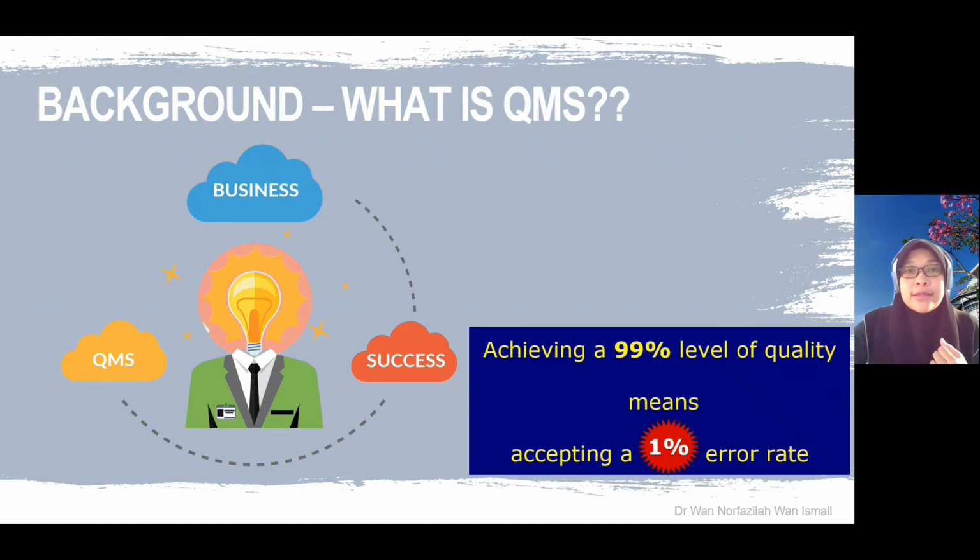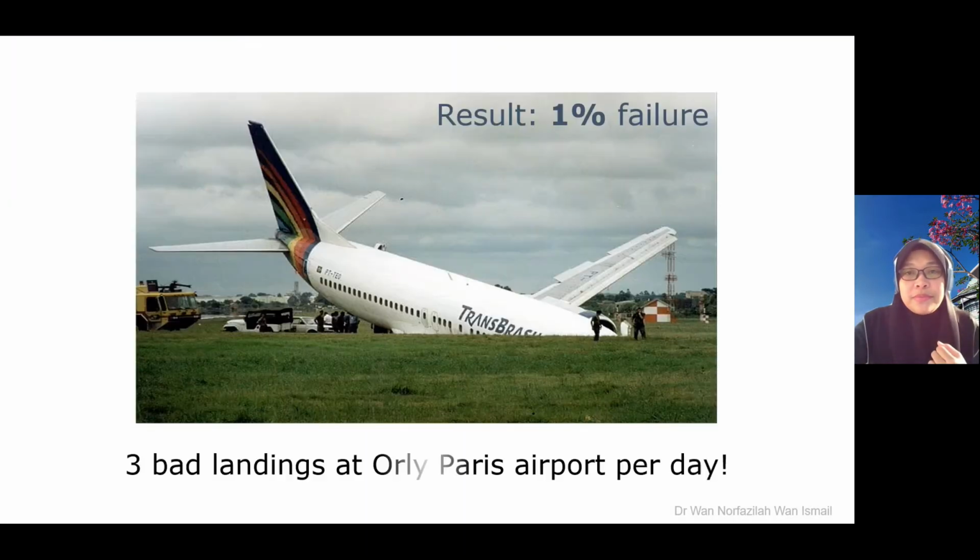Okay, let's look at this example. This is the result of 1% failure or 1% error. Okay, in terms of airlines company, if you have 1% error, it means that 3 bad landings at Orly Paris airport per day.